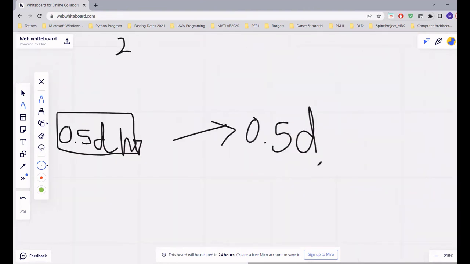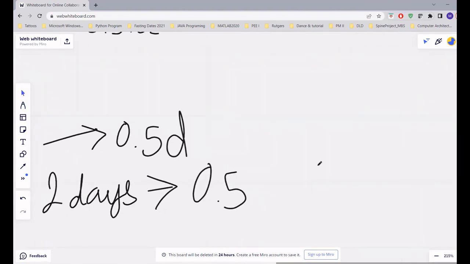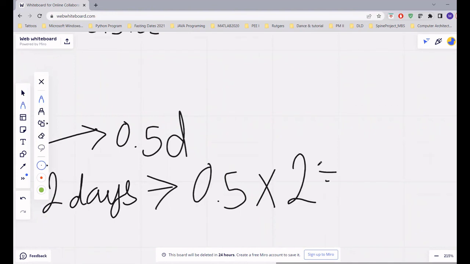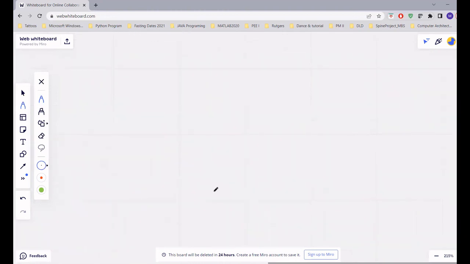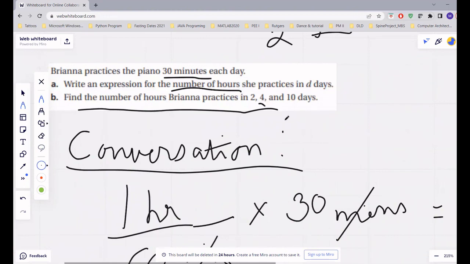So how many hours does she practice in 2 days? Just substitute the value of D, which is 2. 0.5 times 2, which is 1. She practices for 1 hour in 2 days. Next, the question asks 4 days.